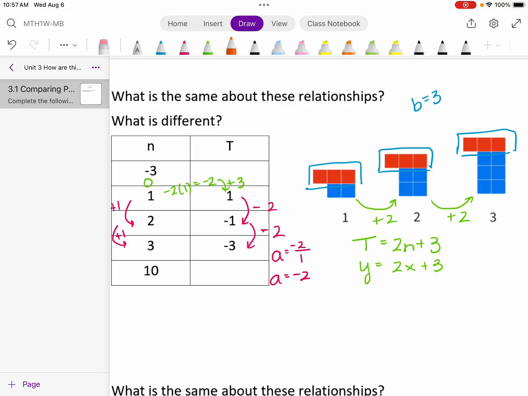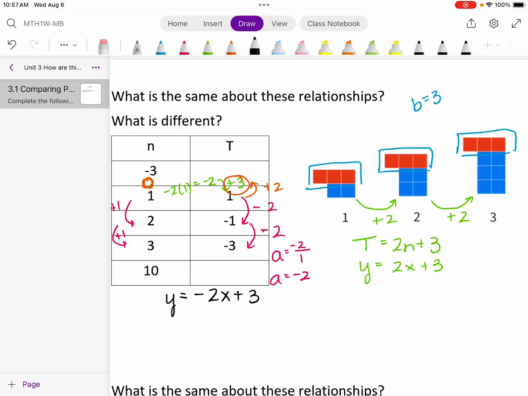So if I work backwards and I add 2 to 1, I find that my constant is going to be 3. So my rule for this equation, and I'm going to use my y equals equation, y equals my rate of change, negative 2x, and my constant is 3.